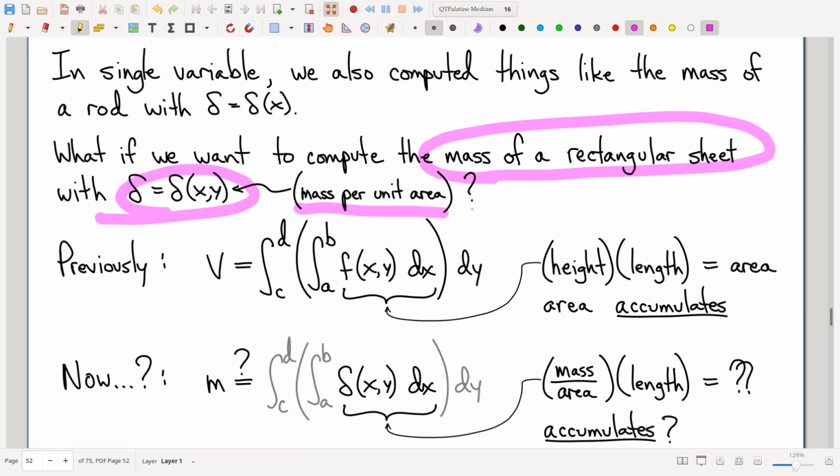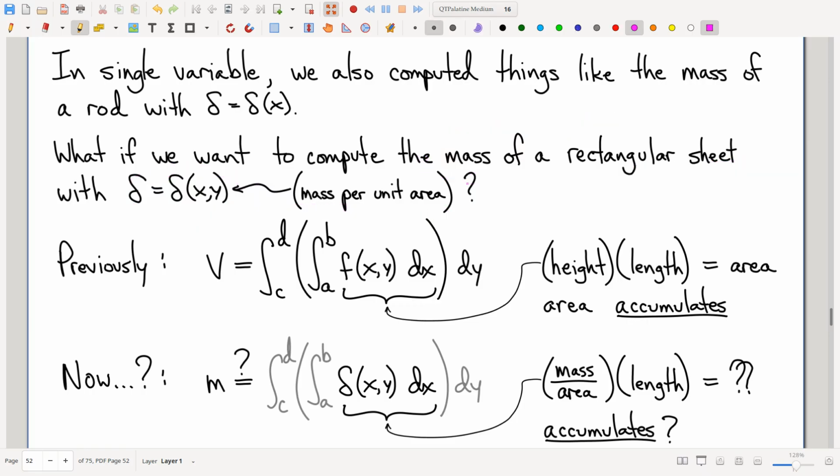Well, golly, in single variable, it was the exact same integral. We just write it down. Boom, it works. Hopefully, one would hope, at least optimistically, maybe we could do the same thing here. And I'm sorry to report you can't. At least the argument as I just made it does not work. Let me explain why. It's about particulars. Here's our formula for computing volume that we just talked about. And let's look inside of here.